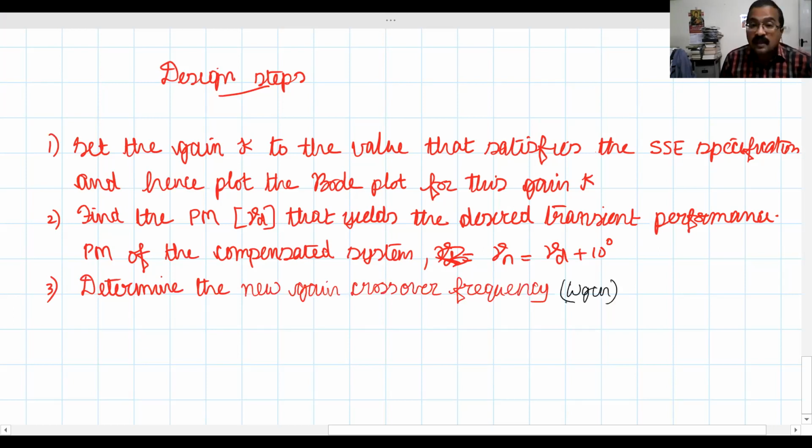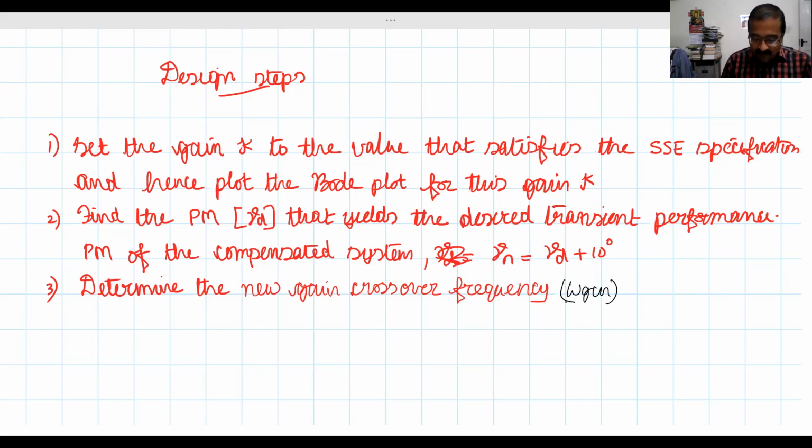Keep in mind, phase margin is evaluated at gain crossover frequency and gain margin is evaluated at phase crossover frequency. What is gain crossover frequency? Frequency at which the gain becomes equal to 1 or 0 decibels. What is phase crossover frequency? Frequency at which the angle of G(j omega), the angle of the open loop transfer function, becomes equal to plus or minus 180. So phase margin is found at gain crossover frequency and gain margin is found at phase crossover frequency.